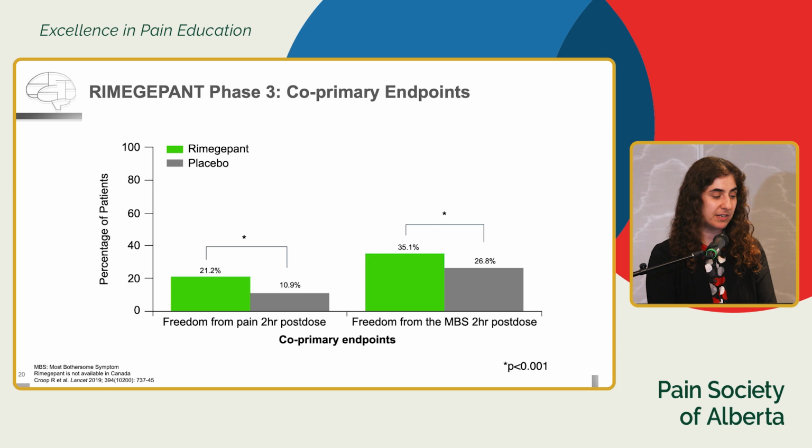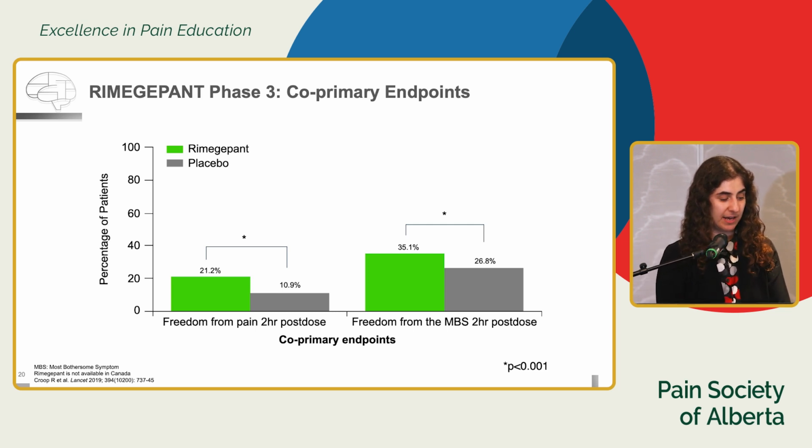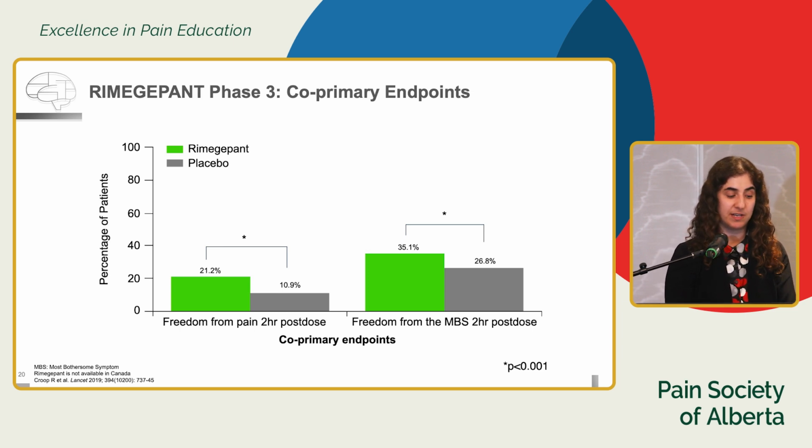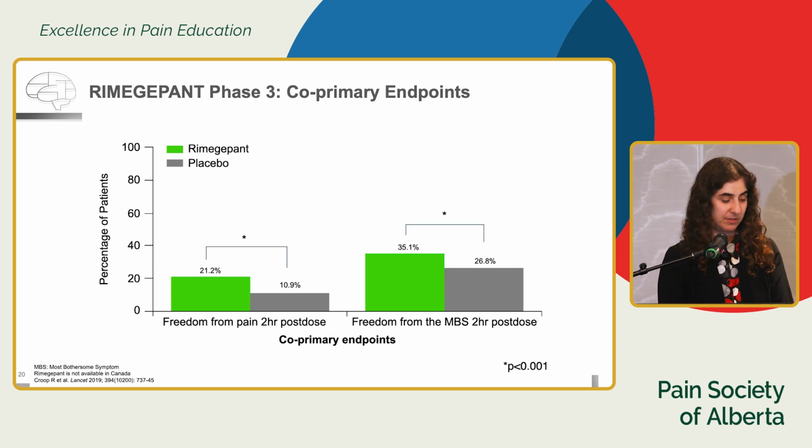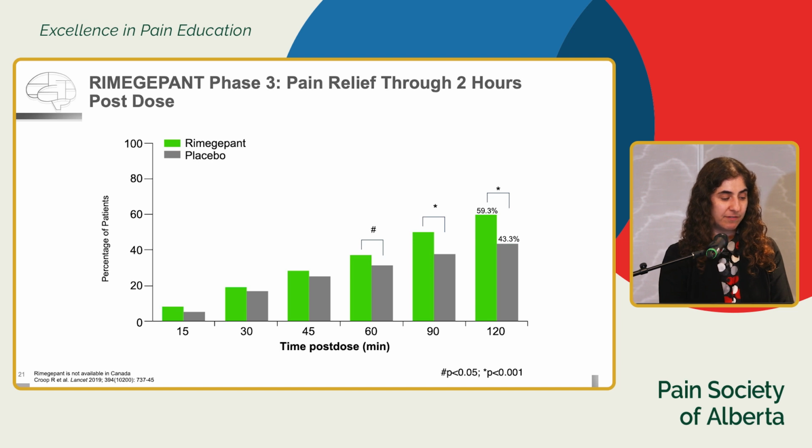This was the phase 3 pivotal trials of rimegepant. Co-primary endpoints again, looking at freedom from pain at 2 hours. Very similar to ubrogepant, approximately 21% or so of patients had freedom from pain at 2 hours post-dose, and about 35% freedom from most bothersome symptoms at 2 hours. And then this is looking at pain relief through to 2 hours.